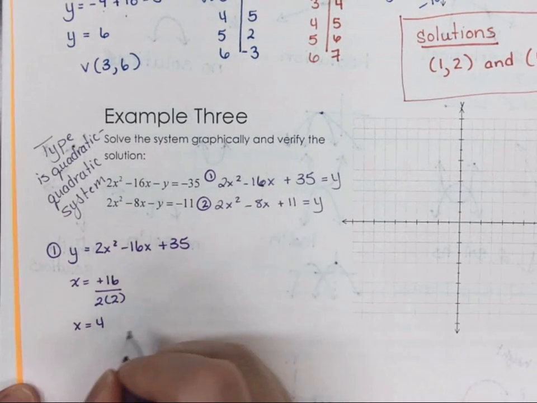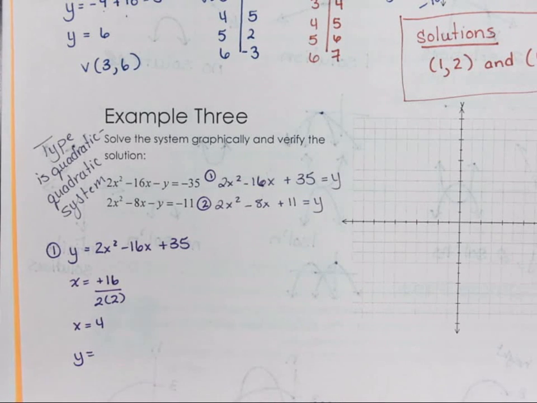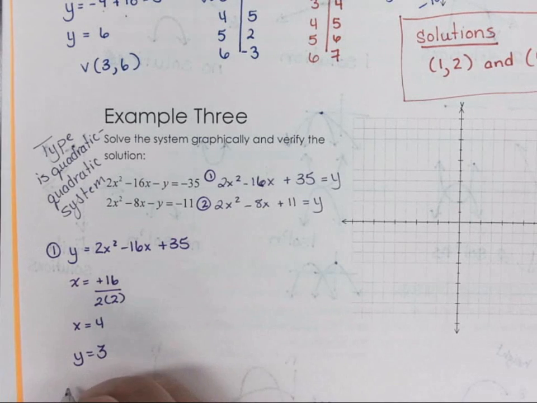And now I'm going to substitute that back in, using my handy dandy calculator because I don't have a ton of room. I didn't show you the math, I did it on my calculator, okay? So my vertex is 4, 3.